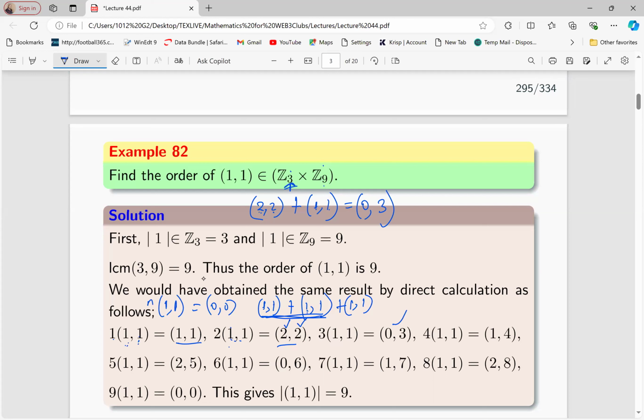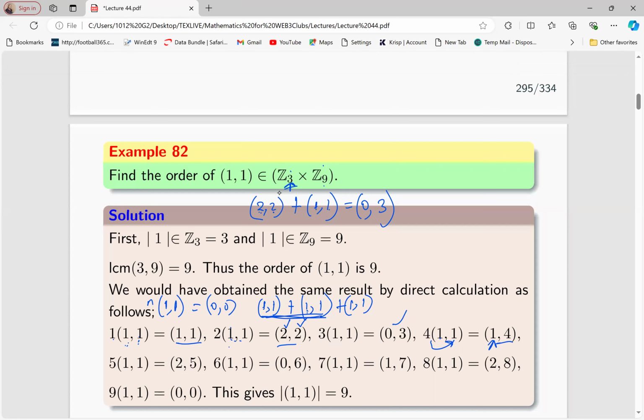What about 4 times? Of course, it's very easy, just multiplying inside. When you just multiply inside, this would be 4, but 4 mod 3 would be 1. And this will also be 4, but we are doing it mod 9, so it remains 4. Then 5 times, we're adding 1, 1 five times.